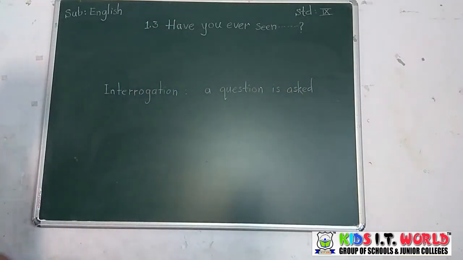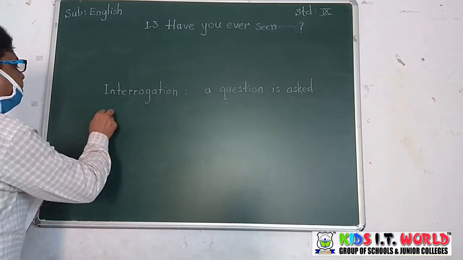Whenever there is a question mark and that question doesn't require an answer, we use interrogation. In the poem, almost all the lines have that question mark. Therefore, we can say those lines have the figure of speech interrogation.